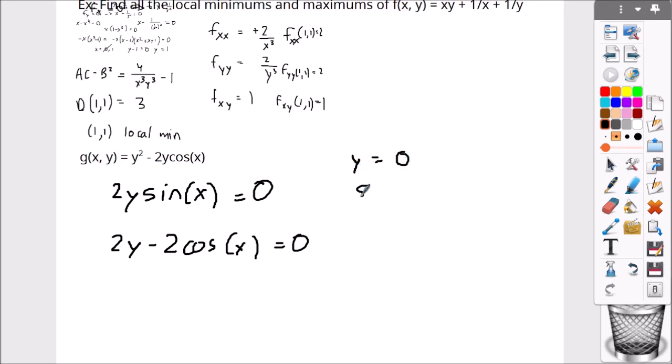And sine x has to be equal to 0 according to the first part of this question. So if y is equal to 0, this is automatically 0. So there's two cases: y is equal to 0 and sine x is equal to 0. First of all, y is equal to 0. At y equal to 0, we have negative 2 cosine x has to be equal to 0.